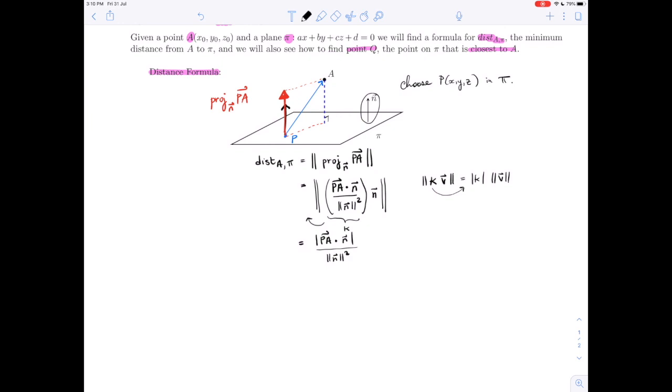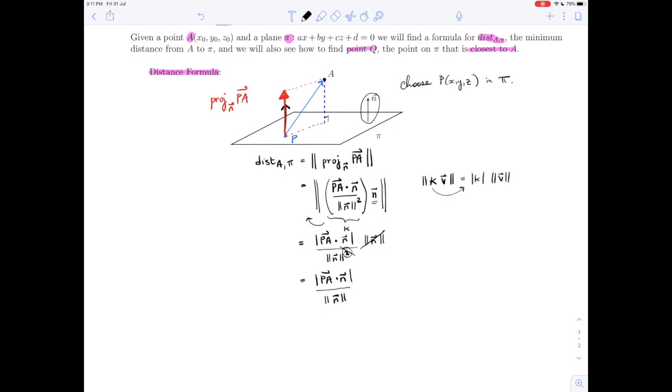And what's left is the magnitude of the vector that's inside, so the magnitude of N. So that's very nice because this square and this norm will cancel out. So we end up with the absolute value of PA dotted with N divided by the norm of N.